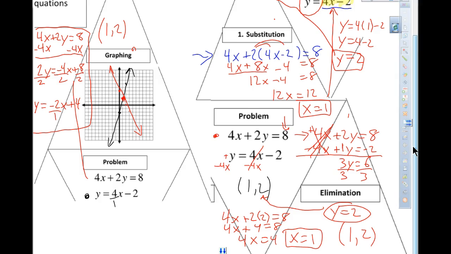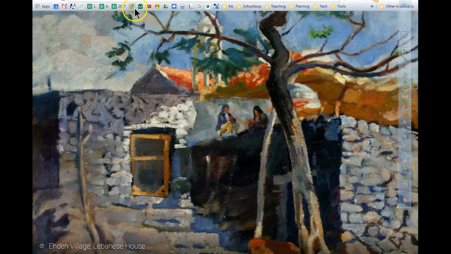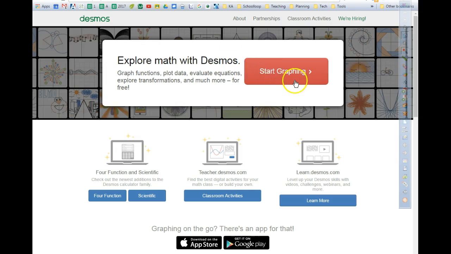So hopefully that answers that question, and just structurally, how should the whole thing look? I want to show you something visually now. Okay, just watch here for a second.